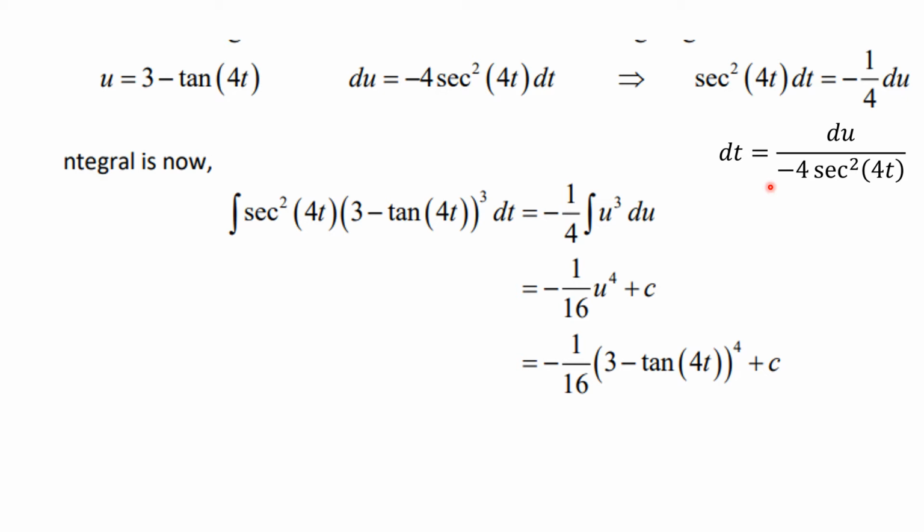When I make this substitution, the secant squared 4t cancels, so magic happens. I pull the 1/4 through the integral, and I have minus 1/4 the integral of u cubed du. That's going to be minus 1 over 16 u to the fourth plus c, and then I reverse the substitution for my final answer.